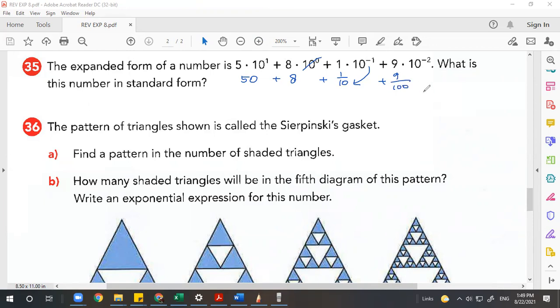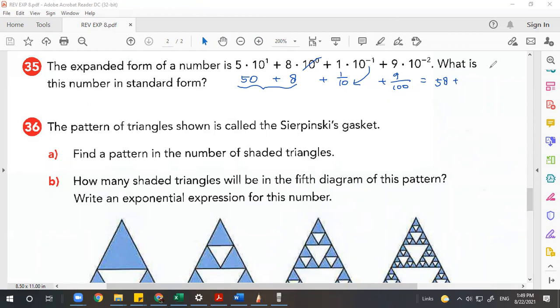What is this number in the standard form? So 50 plus 8, as simple as this, 58 point 0.1, 0.09, right? Or if you think that this is hard, you just simply add the numbers. 50 plus 8 is 58.